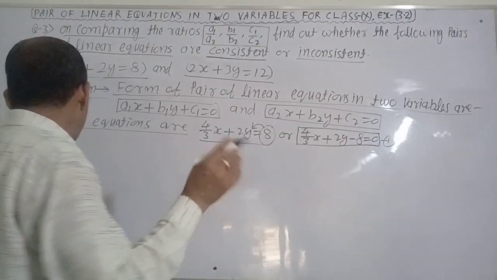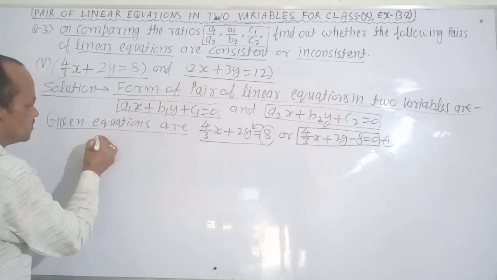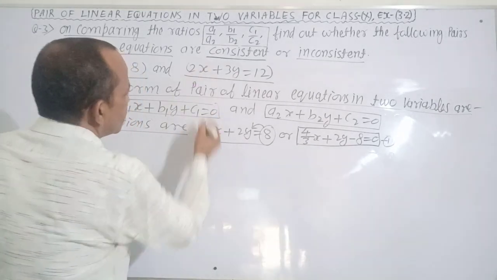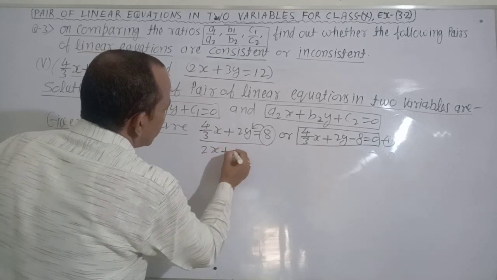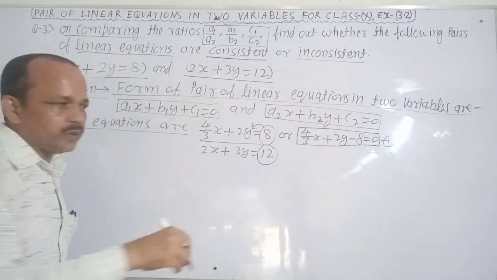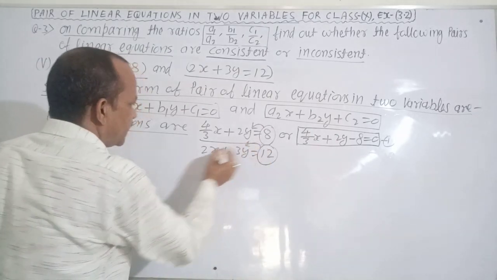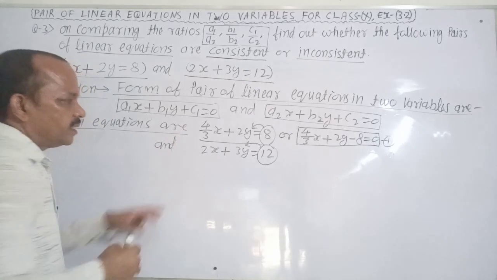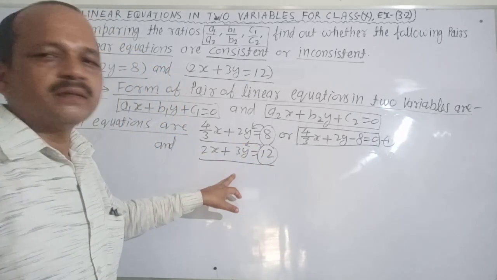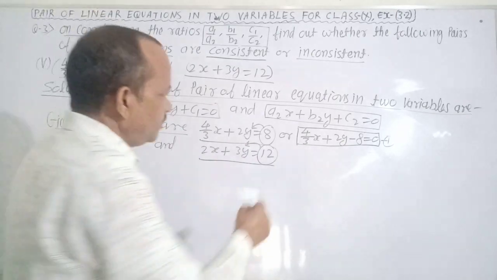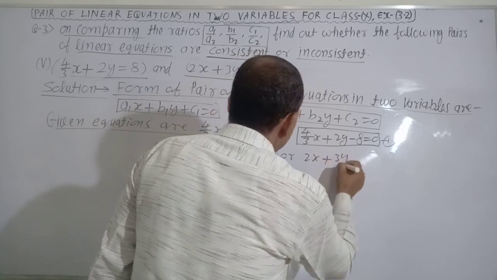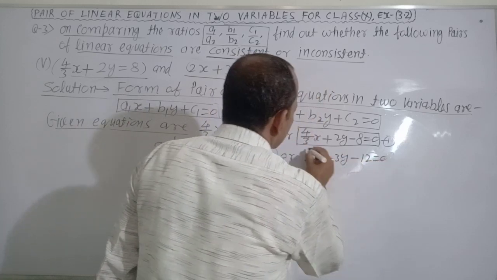Very good. Equation second: 2x plus 3y equal to 12. You write 12 on the left side of equal. It becomes 2x plus 3y minus 12 equal to 0.